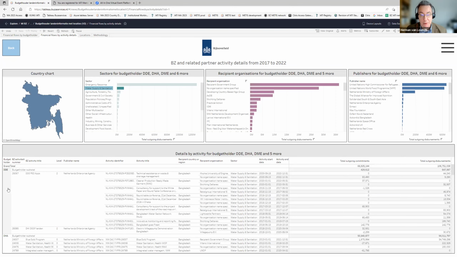And especially the central departments often give funds to multilateral organizations or large international NGOs, and they do not know beforehand where their money is going. But with the help of IATI data, we can make that far better visible and present a complete picture of what's happening here in one country.